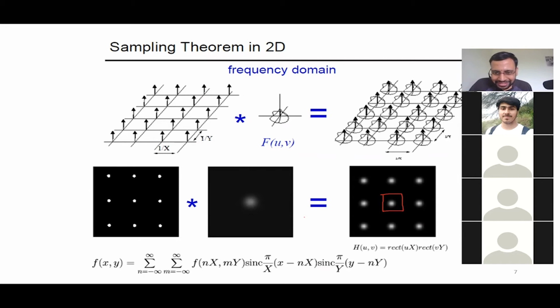This is the bed of nails. Right. And then on top of it, you would be multiplying it with rect of kx times x plus rect of ky times y. Let me erase this because it is carrying over to the other slides as well.